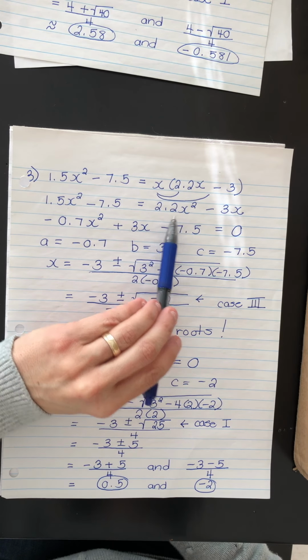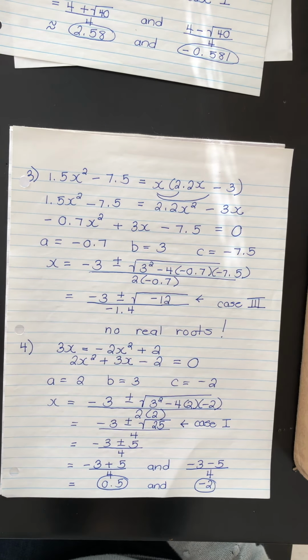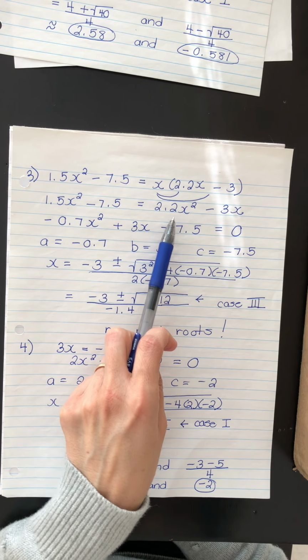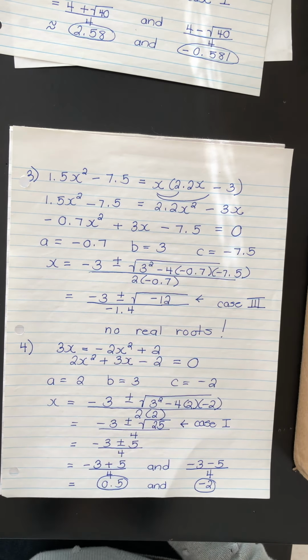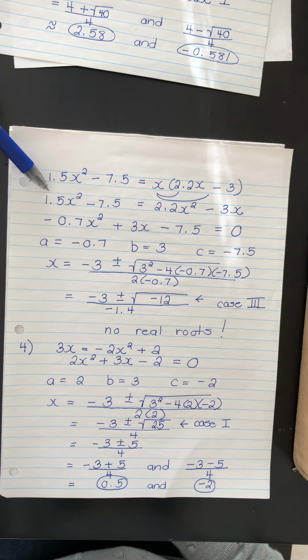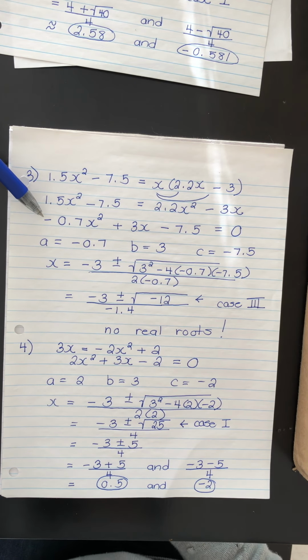We are then going to bring these two terms to the other side of the equation. We will be subtracting 2.2x squared and adding 3x. Collecting like terms means that the coefficient of x squared will be negative 0.7. That's 1.5 minus 2.2, which is negative 0.7.